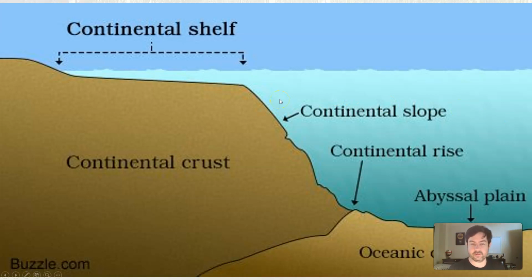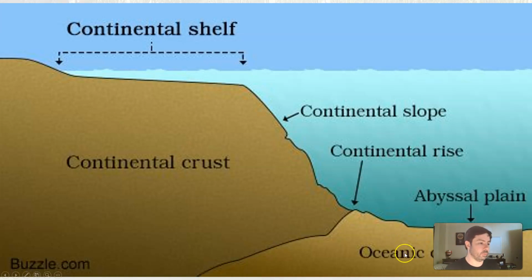If we're looking at the edge of a continent, for instance, the North American craton or Laurentia, the continental shelf is this little shallow area that extends out for 10, 20, 50 miles from the shore itself. So you get some sediment deposition before we get the continental slope dipping down into the continental rise before it gets into this flat ocean basin, the abyssal plain.